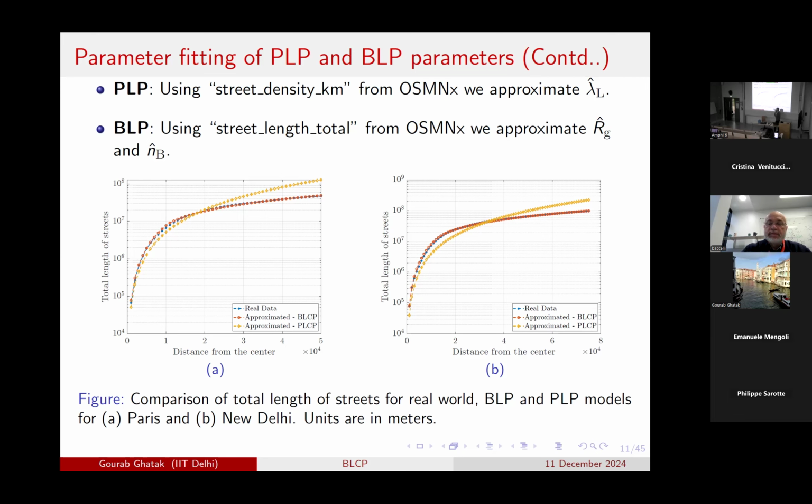But now the binomial line process, by virtue of having two parameters, can fit better, and it actually matches quite nicely with the intensity of the actual streets that you observe. So A is for Paris and B is for New Delhi. You can just observe that there is more length of streets as it goes from the city center to the outskirts.